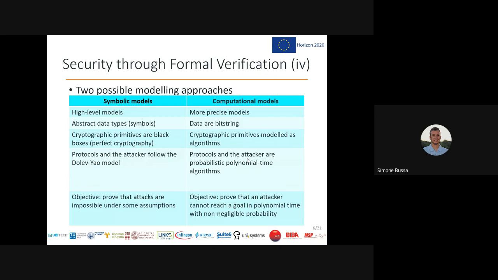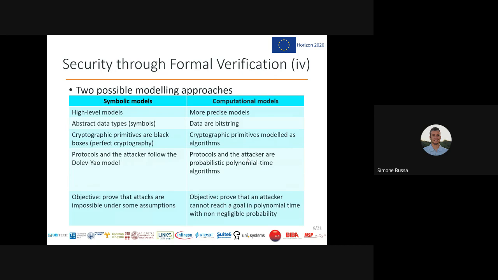Here for the computational model, I just want to say that the protocols, the attacker and the cryptographic primitives can all be modeled as polynomial time algorithms. Here, nothing is impossible, but some operations can be done only with non-negligible probability.